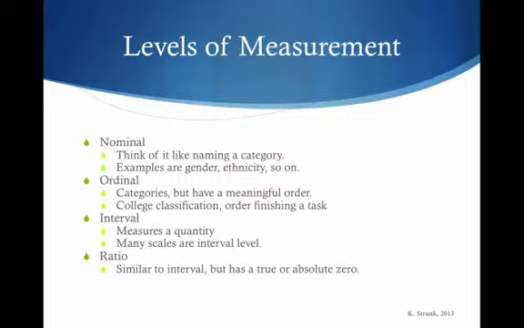When we get to interval level data, now we're talking about quantity. It's not a category. It's not this sort of quality about something. Now it's quantity. It's like how much. A lot of scales that we use are on interval level measurement because you're familiar with Likert type data. It's often like 1 to 5, 1 to 7, 1 to 9.